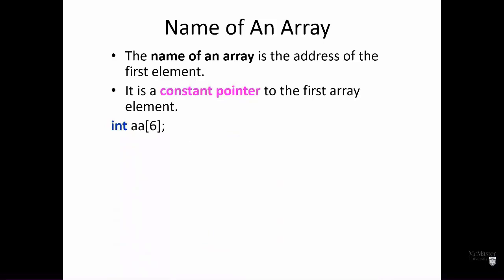yes, the name of the array is a pointer, but it's not a variable pointer. You cannot change it. If you define an array called int a[5], a itself is a pointer to the first element, but you cannot do math operations on that. And this is intuitive, because if you change a value, now you lose the access to this array, right?